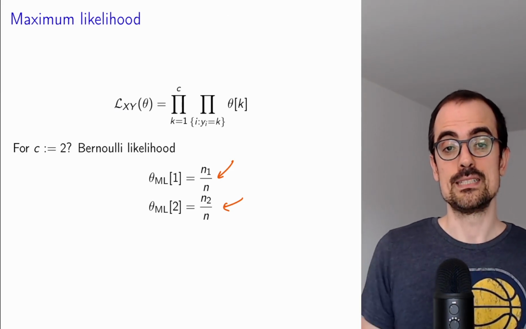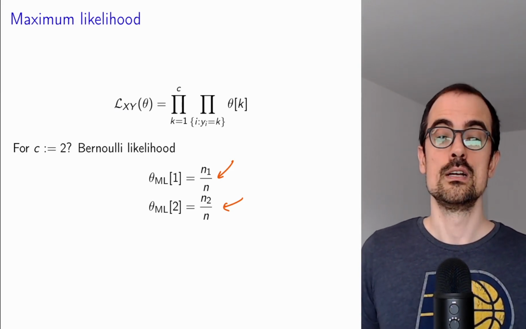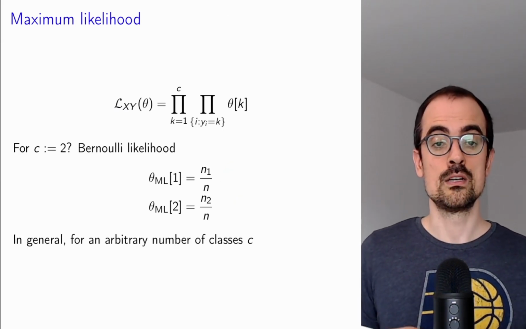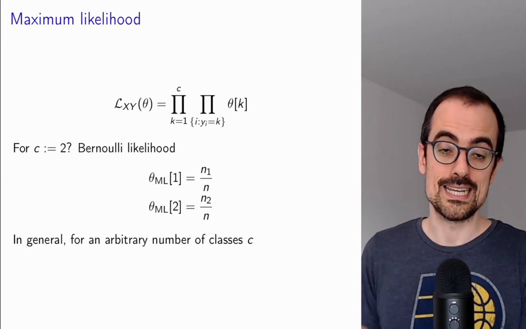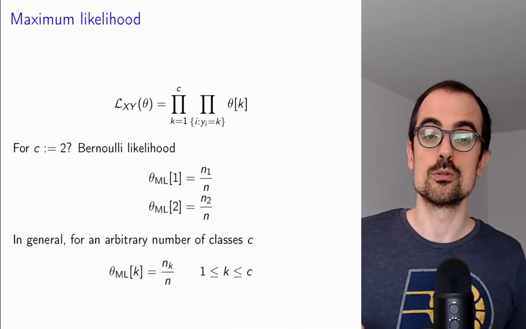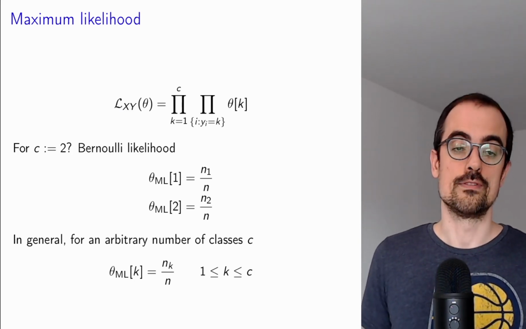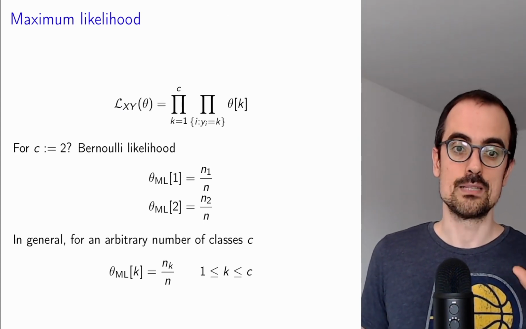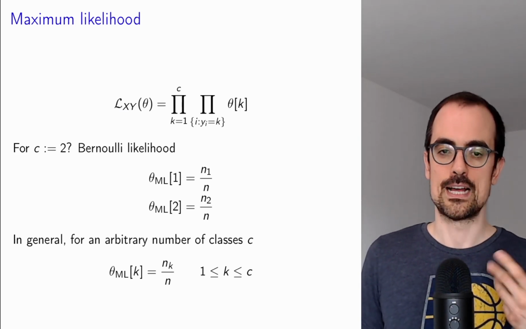By maximizing this likelihood in the same way as we did with the Bernoulli likelihood in the video on maximum likelihood for discrete random variables, you can show that for an arbitrary number of classes C, the best constant probability estimate in terms of likelihood is actually also the empirical probability of each of the classes. So if 25% of the data points belong to class 1, the probability estimate for that class within that region is going to be 0.25, and so on and so forth.